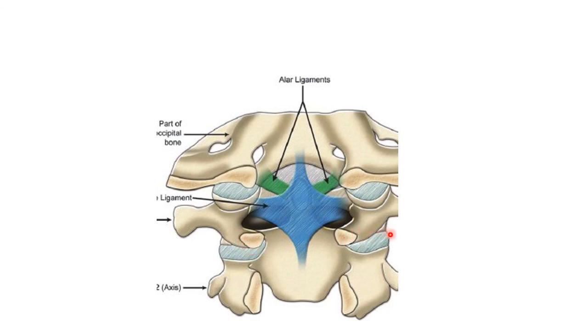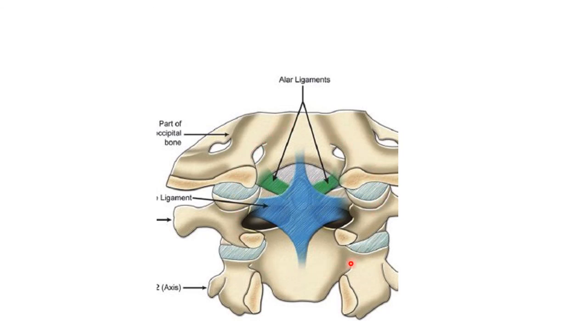The fibrous capsule is attached to the margins of the articular surface. Coming to the movement, the movements are almost exclusively rotation of the atlas along with the head. The atlas rotates along with the head around the pivot formed by the odontoid process of the axis.